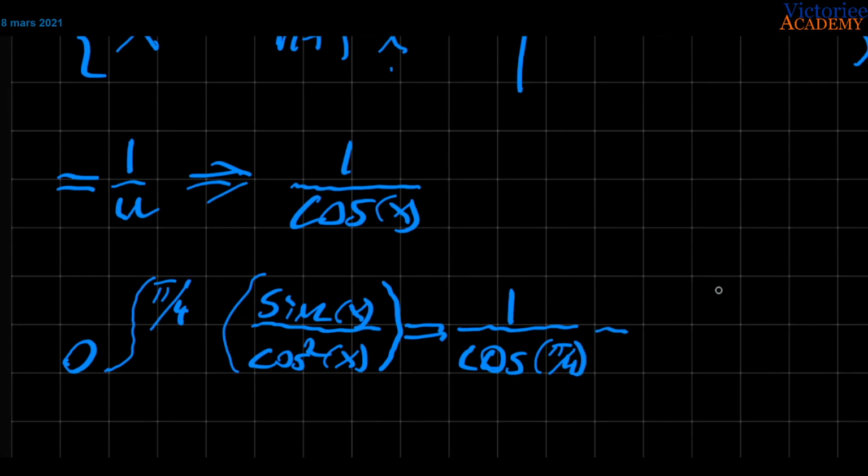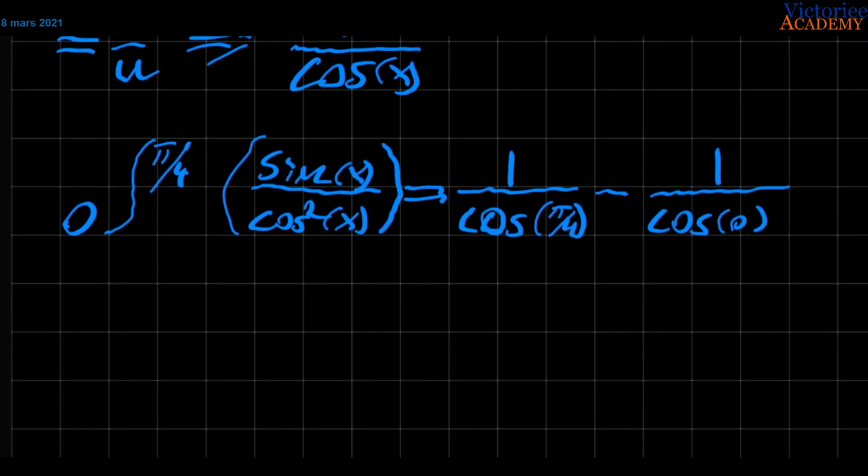minus 1 over cosine of 0. And these are standard trigonometrical values. They're very good to know by hand because pi over 4 is the same thing as 45 degrees. So the trigonometric value of cosine of pi over 4 is 1 over square root of 2.